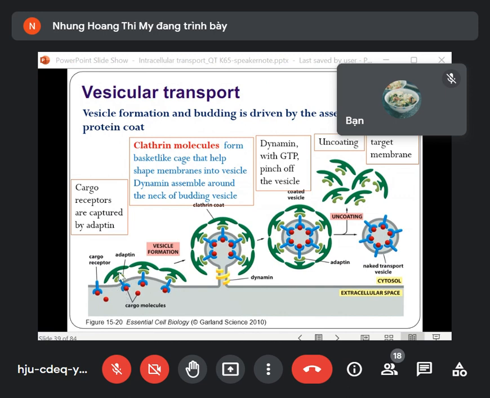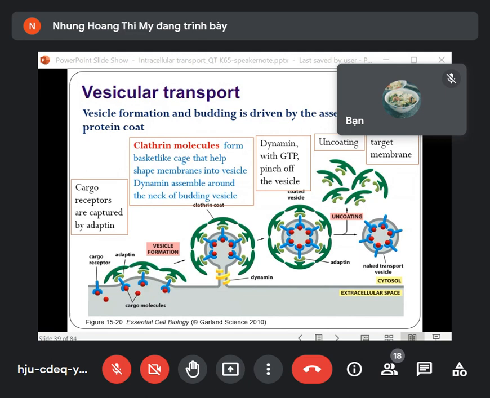So in a way adaptin also helps select the suitable cargo for transport in vesicular form. Among the four choices I gave you, the most correct answer for the function of the adapter protein is that they serve as interface for coat formation.